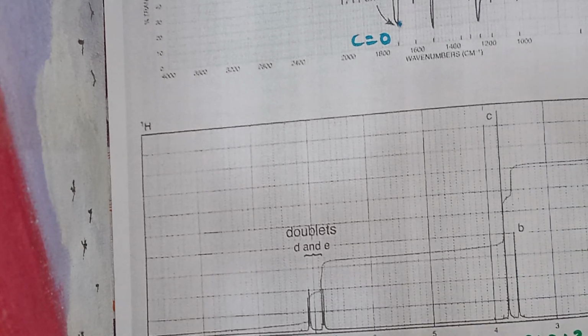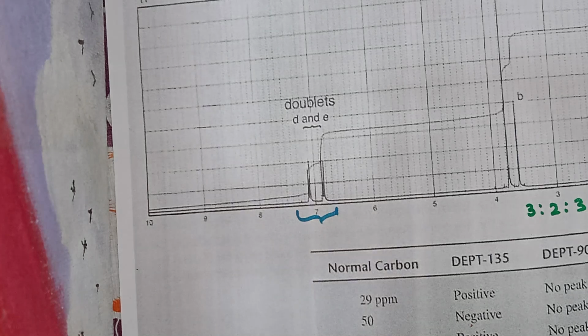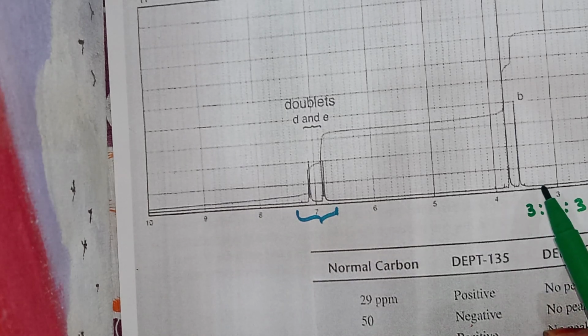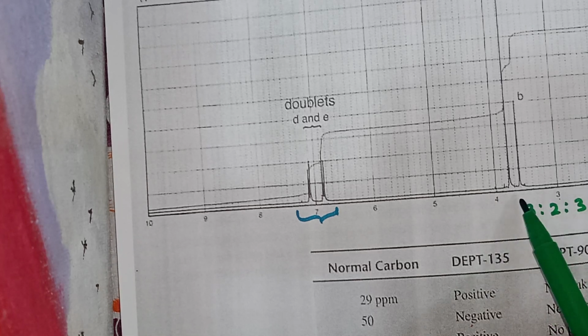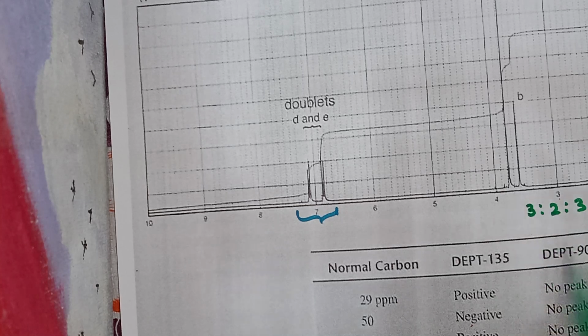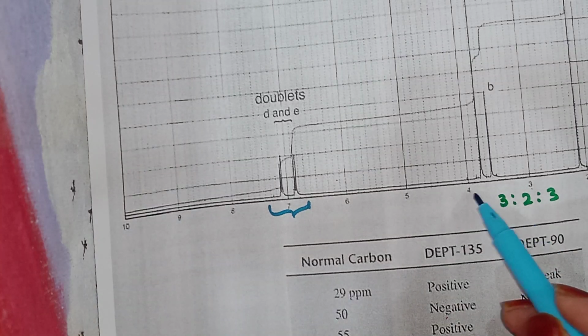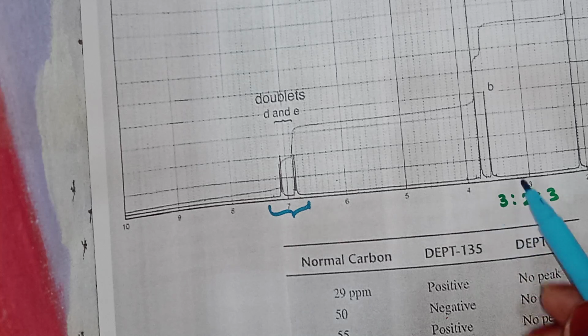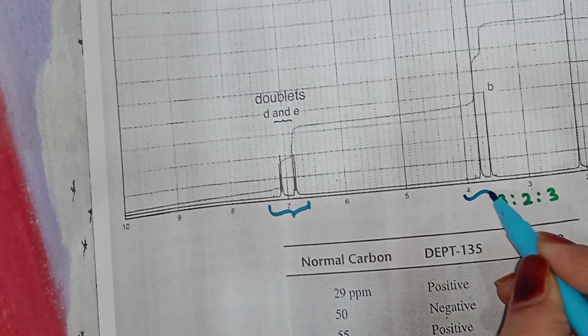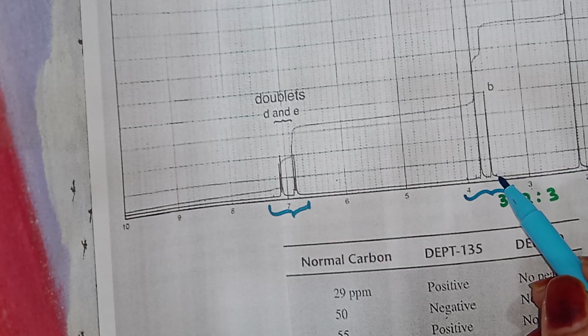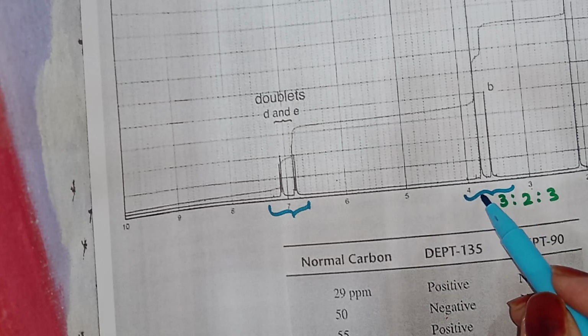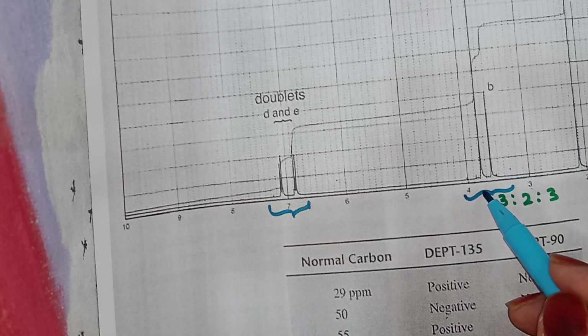Also, carefully, if you will notice, the downfield methyl at 3.8, around here, is next to an oxygen, which suggests the presence of a methoxy group.